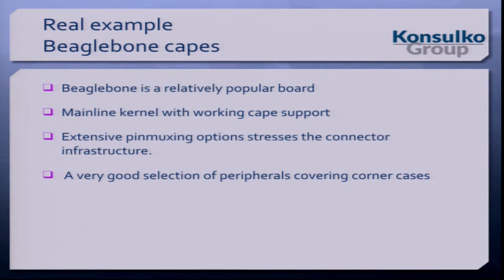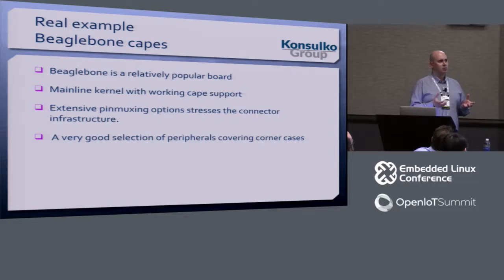Some pins are shared for every expansion board, like the I2C bus where the identification EEPROM is, and some pins are actually connected together, so you cannot configure them independently. So it's a good selection of peripherals that cover a lot of the corner cases, so we can figure out if things work or not.